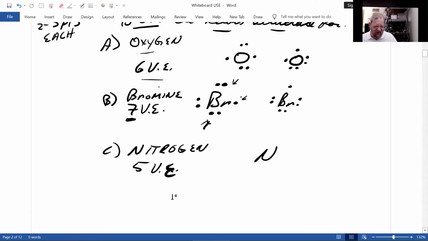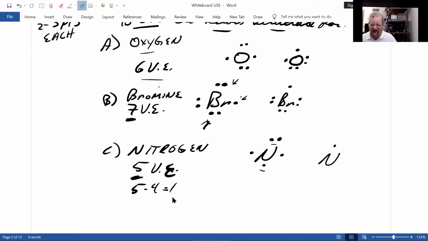All right, time's up. 5 valence electrons. You put a dot on each side before you double up. And organic chemists like to put the next one. I have 4. I have one more because 5 minus 4 equals 1. And organic chemists like to do it that way. You can do 3 sides with 1 dot and 1 side with 2 dots.